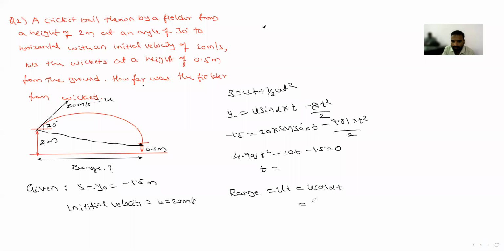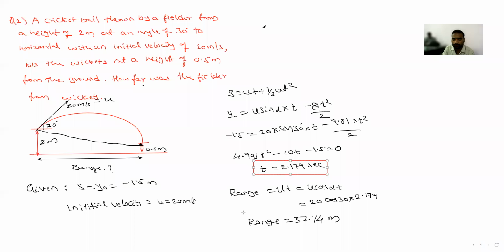The t value is 2.179. Then range is equal to 20 cos 30 into 2.179. Calculate the value of range. Yes, correct, 37.74 meter. This is the answer for the question.